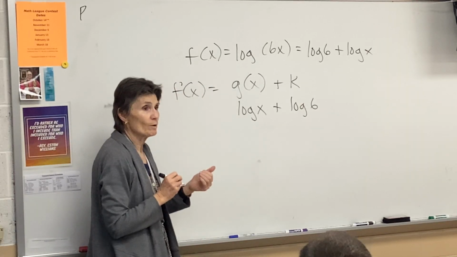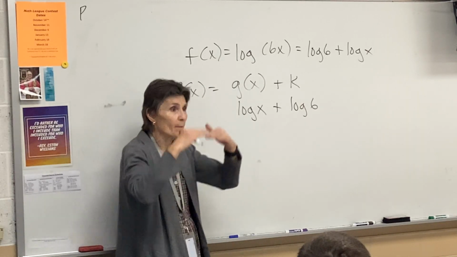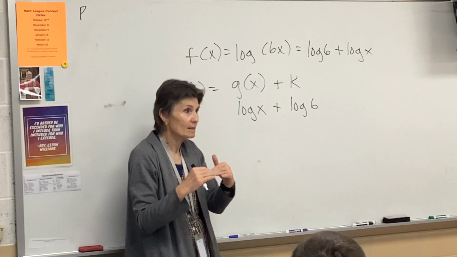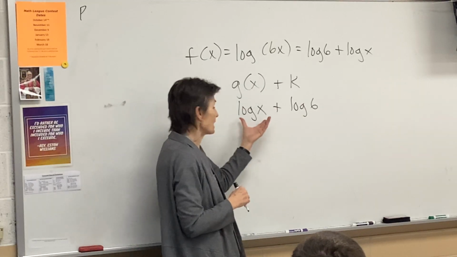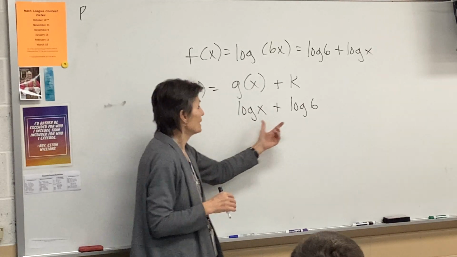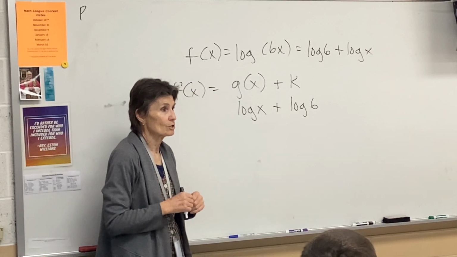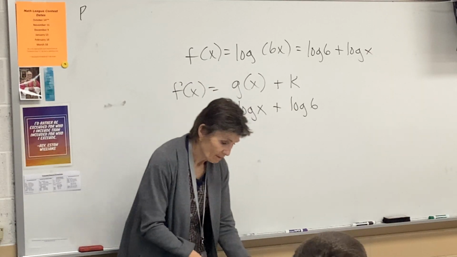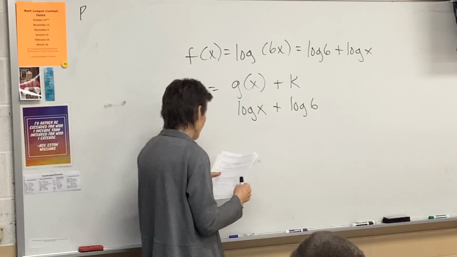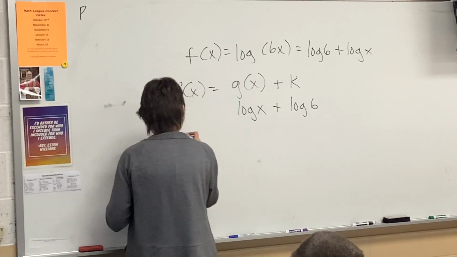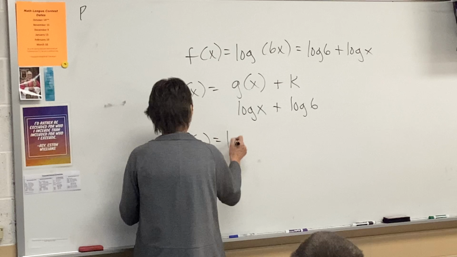Remember, vertical translation means you move it up or down, you add or subtract something. In this case, we're just taking our standard logarithm and adding log 6 to it. Vertical translation. All right, example 4. We got 2 functions.